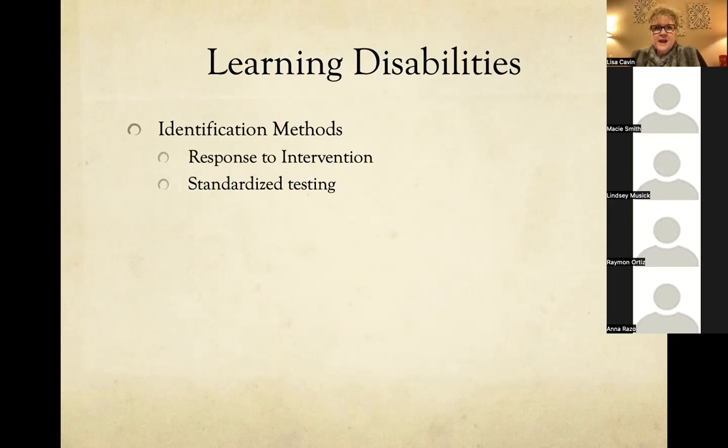It's an avenue for leading to the identification of disabilities. So when students start having trouble in school, they will be placed in a response to intervention program. It's usually a tiered program in which students begin with a low level of intervention, and they'll receive some assistance initially with whatever the problem is.